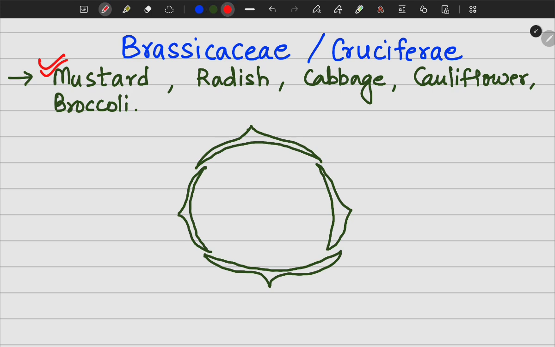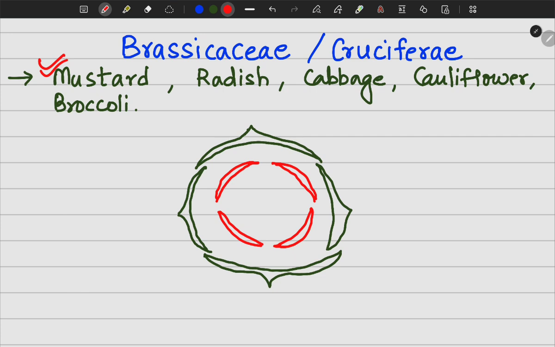Then let us draw the corolla. So the corolla in mustard is somewhat like this. We have studied it in the previous lecture. The petals are not touching each other, or they are just touching at the margins, but there is no overlapping.